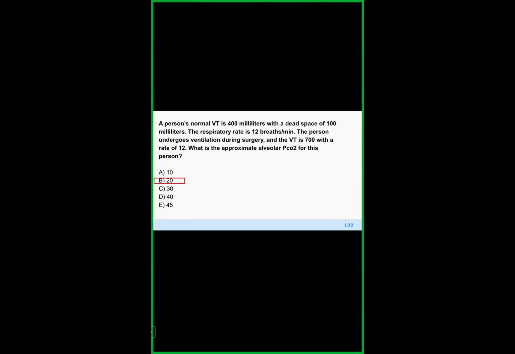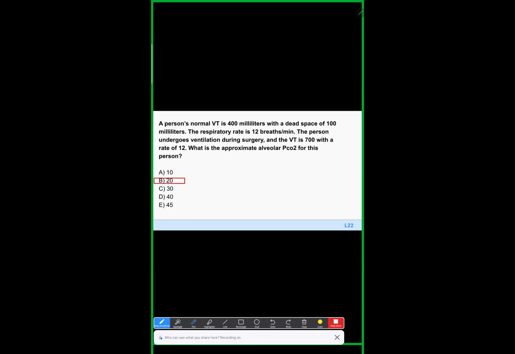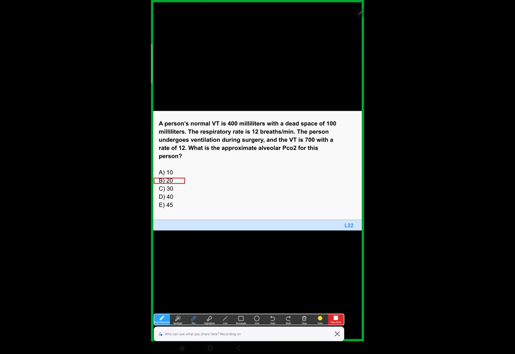The way you would do this is you need an equation. In order to figure out what the alveolar ventilation is, you use a formula where the total ventilation minus the ventilation of the dead space, times the frequency, is equal to alveolar ventilation.